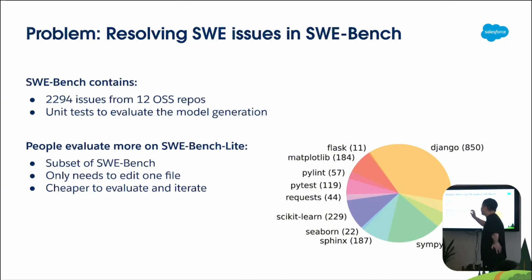There's also a smaller set, because running one pass over those 3,000 issues using some agents will cost more than $1,000. That's why they also have SWE-bench Lite, which only has around 300 issues.